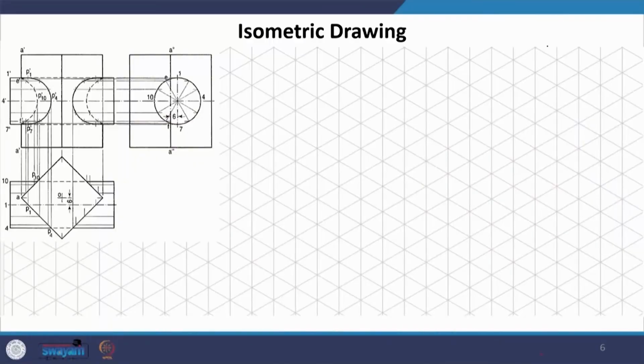All you have to do is draw these reference planes. These are the reference planes we are talking about: two reference planes here, one on the top and another at the bottom. The reference plane at the top covers this entire thing.